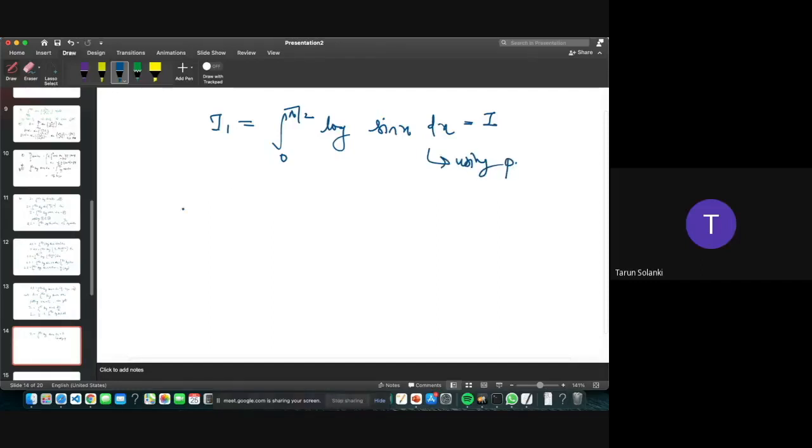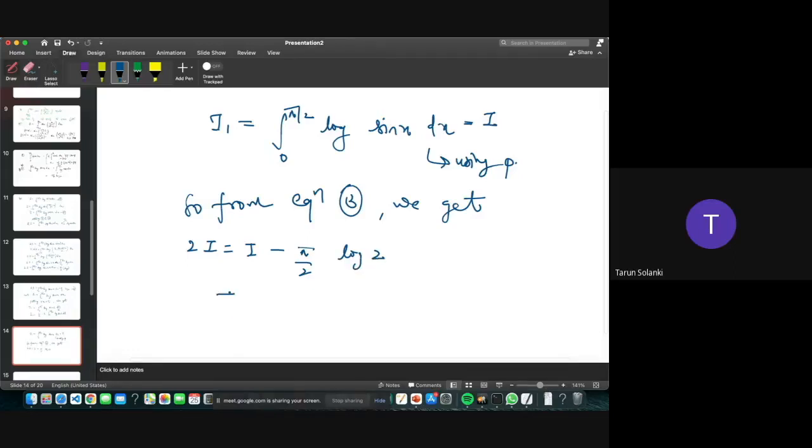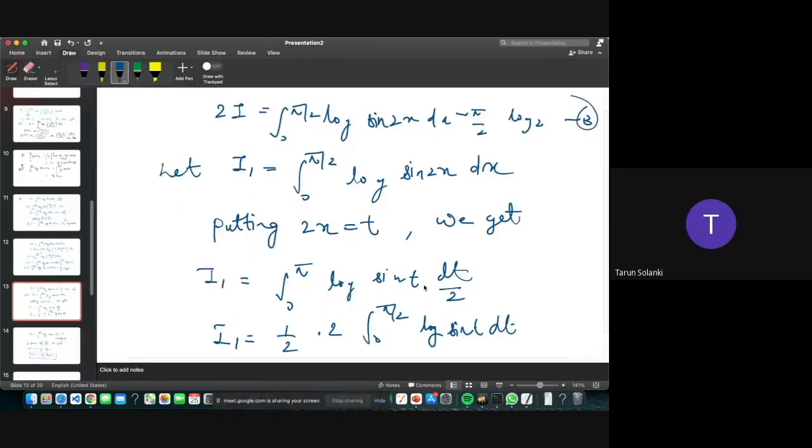So from equation 3 we get 2I is equal to I minus pi by 2 log 2. So I is equal to minus pi by 2 log 2. So hence proved. We have to prove this: minus pi by 2 log 2. So copy this.